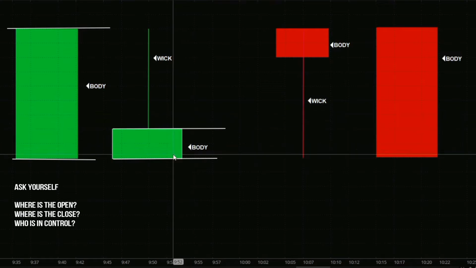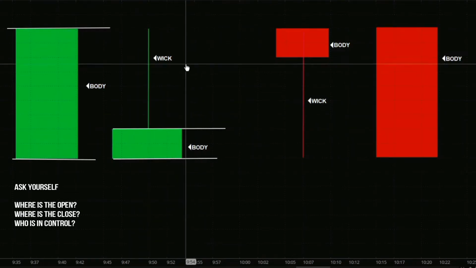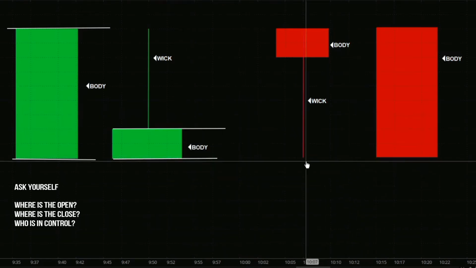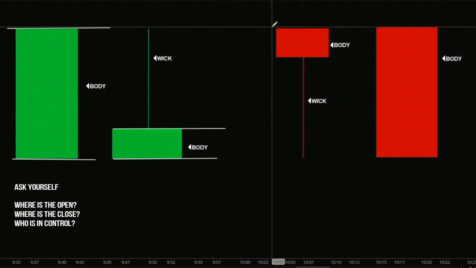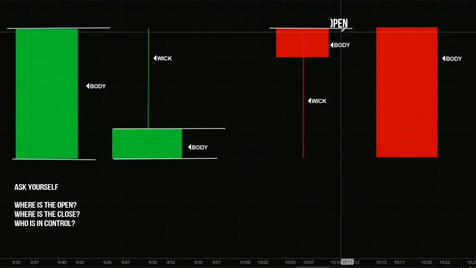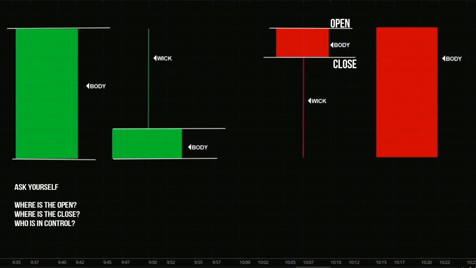This tells us that buyers were in control for a portion of the candle, but sellers stepped in to push the price lower. And the same thing for the red candle. The red candle is a little bit different, where the open is always the high. So the open will be represented by this white line here, and the close is right here.